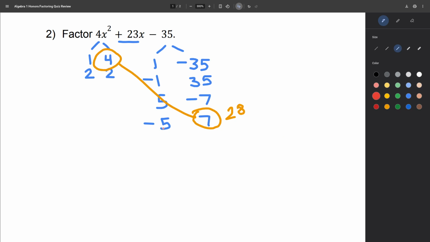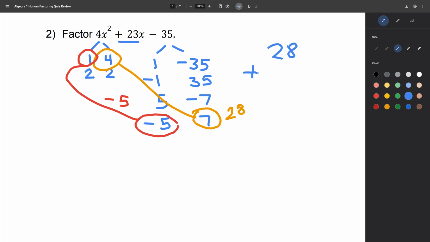And if I do this other one in the pair, negative 5 by 1 here, that's negative 5. Now, 28 plus negative 5 is 23. So those are the numbers that work.